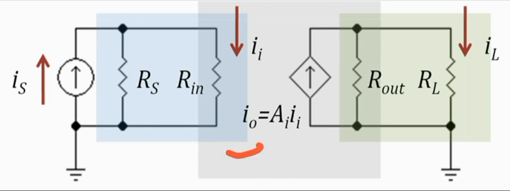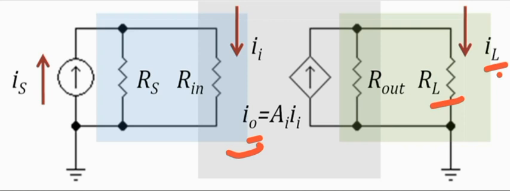Now you have an output current I naught which is to be delivered to the load that is connected to the amplifier, indicated by RL, and IL is the current that will flow through the load, and IL ideally should be equal to I naught, what was amplified.